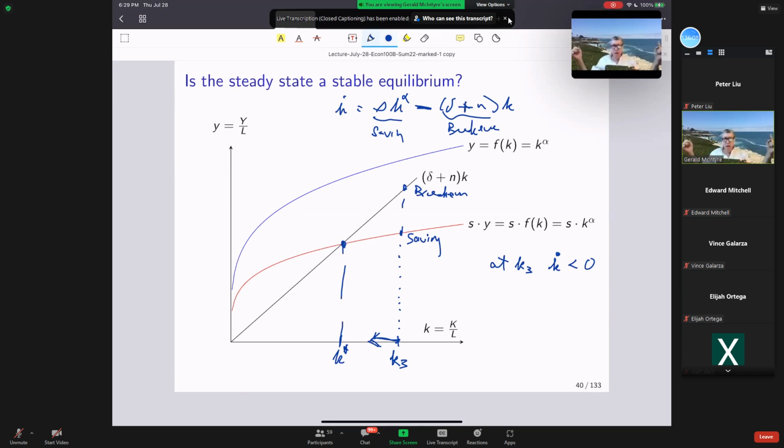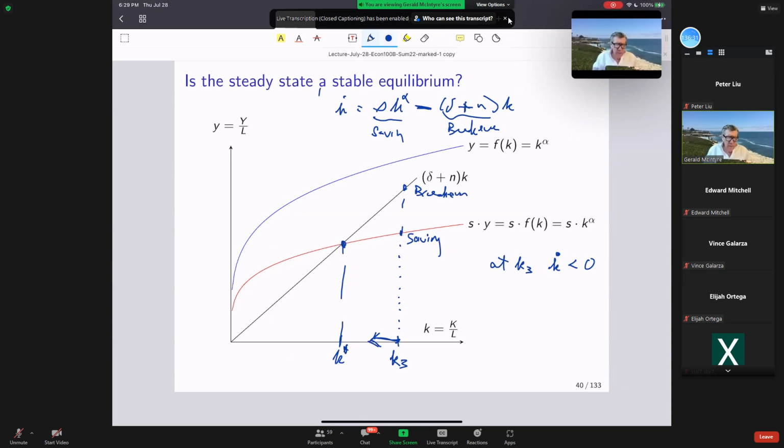In other words, either way, if the economy is pushed a little bit beyond the steady state or a little bit short of the steady state, the economy tends to come back to the steady state. That is, the steady state is stable. You push on one side, it'll come back. You push on the other side, it'll come back to the same steady state.